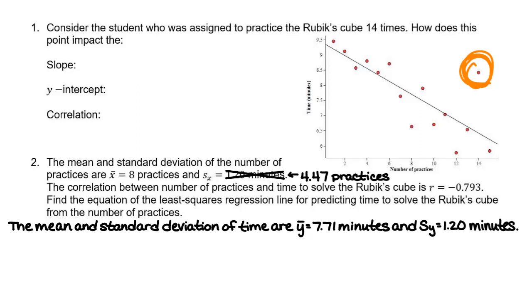I don't want to add up all those x values. But if you were going to guess about where the average was, we would expect the average to be roughly in the middle. So x bar would be, I don't know, like here-ish, right? Y bar is going to be about here.